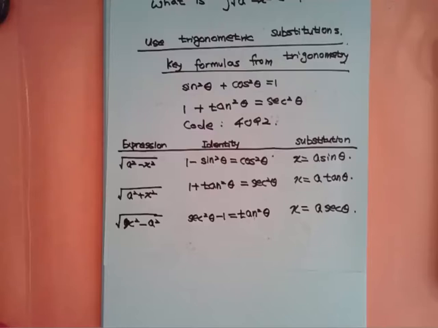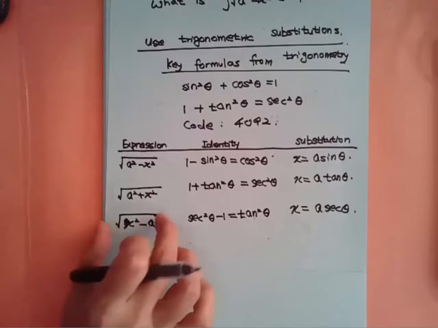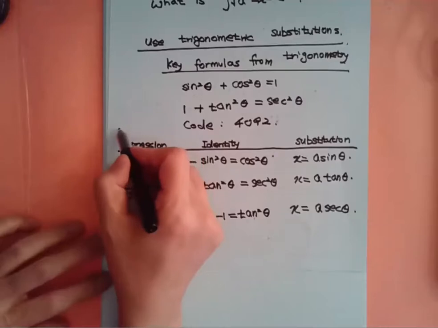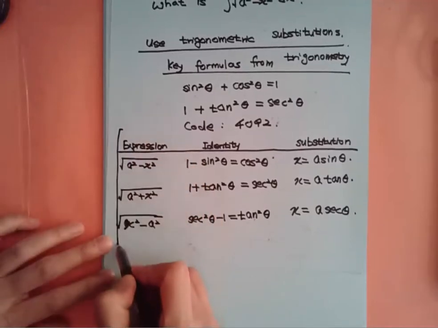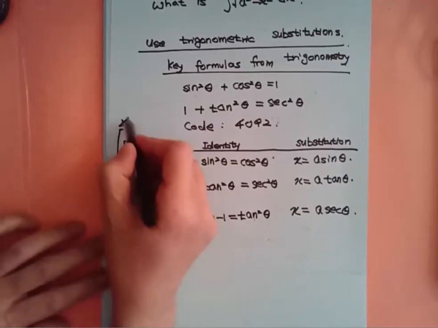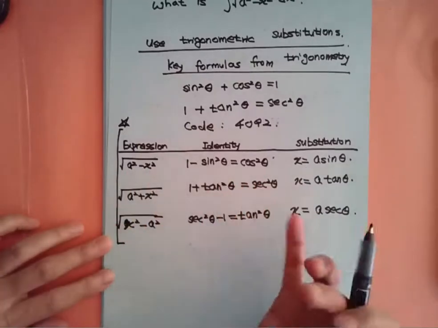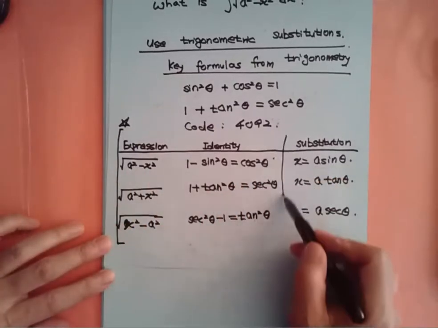By doing that, after removing this one, it'll become tangent. As I said, you have to remember this one very clearly: how to relate this with our identity, especially this substitution part.